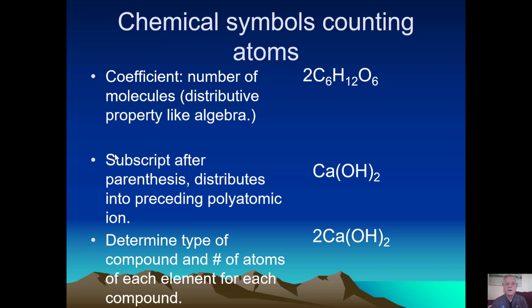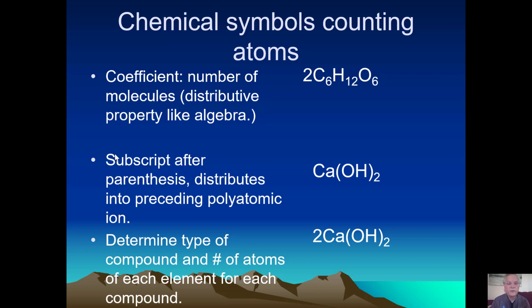That says that there are 2 molecules of glucose present in that description. And what we would do to solve that is treat it like an algebra problem and distribute the 2 through the 6, the 12, and the 6. We'll do that in a moment.